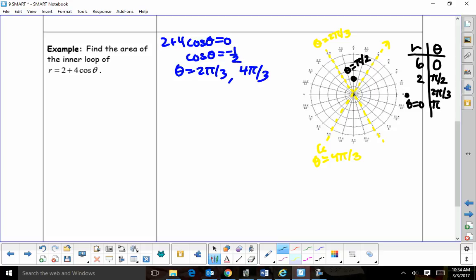So 2 pi over 3 would give me 0. So then we're here. And then at pi, where are we? -2. So we're facing pi, but we are back 2. And are we seeing the flow yet? That could definitely be better, but we get the idea.